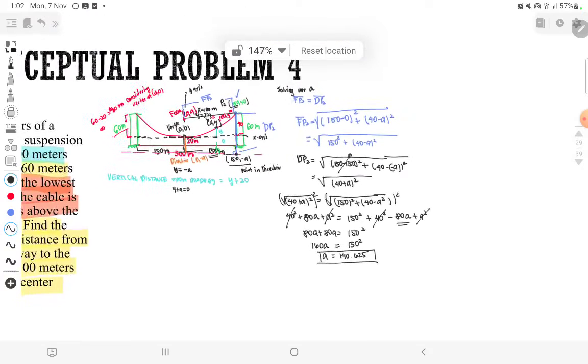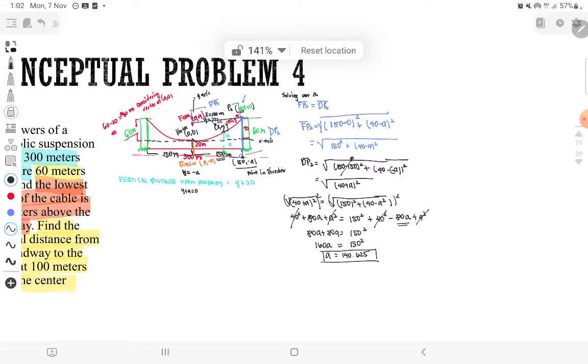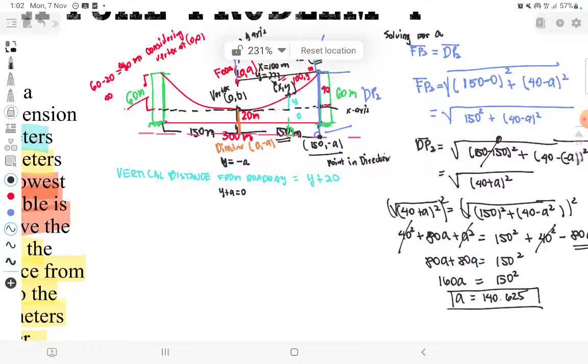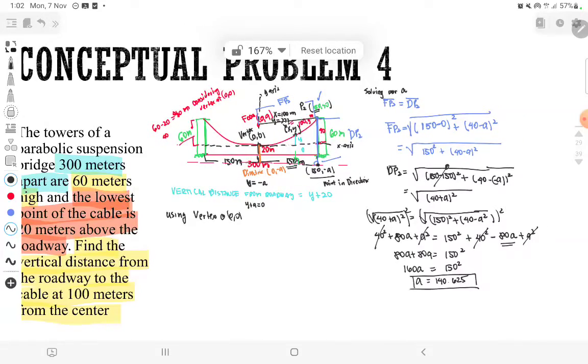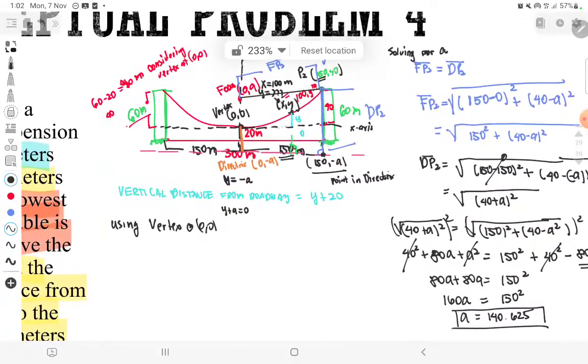Now in this consideration, I have considered my vertex at 0, 0. Our equation, take note that this is opening upward. So therefore, we have x squared is equal to 4a multiplied by our y.